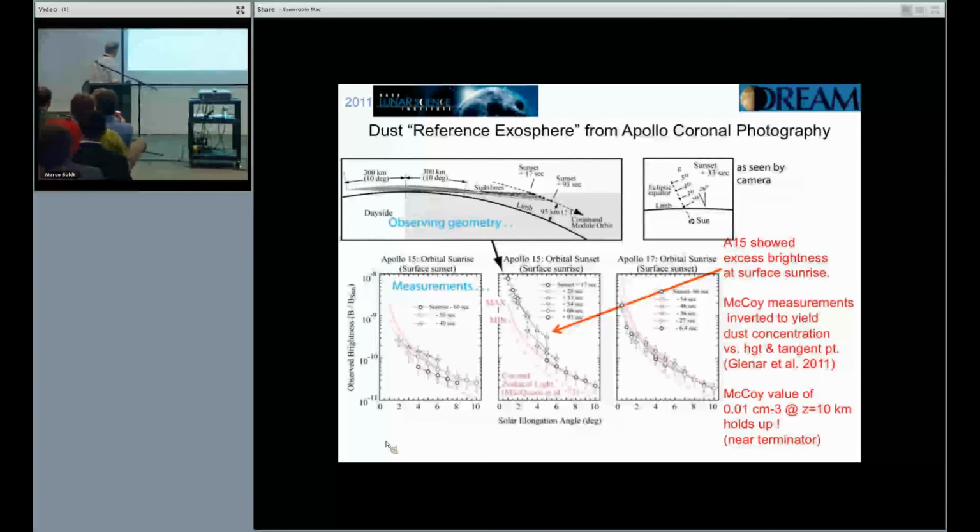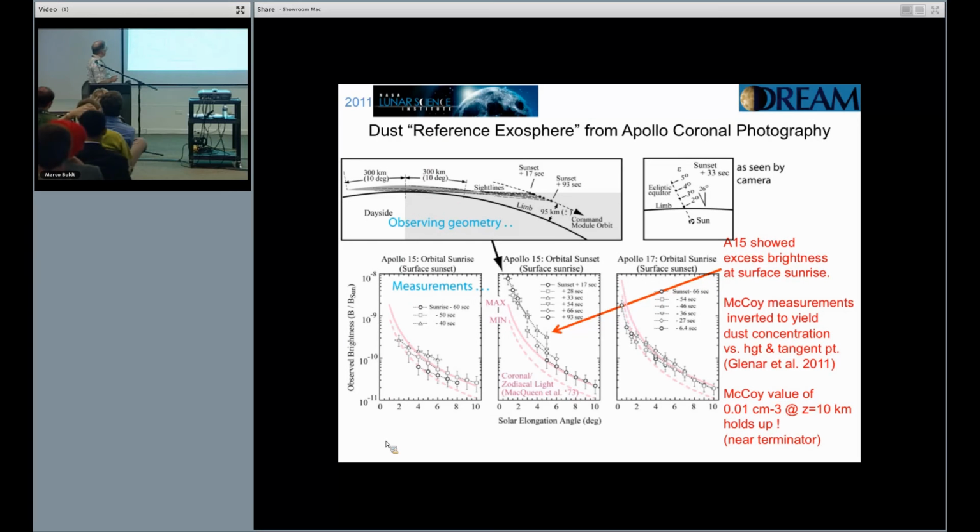Bill's covered this pretty well a little while ago, but I just added to the sector figure here. Let me quickly cover how the chronophotography was carried out. The command module, as it goes into shadow or comes out of shadow, takes a series of photographs, which is the 70s way. In each of those photographs, McCoy picked out intensities at discrete points.